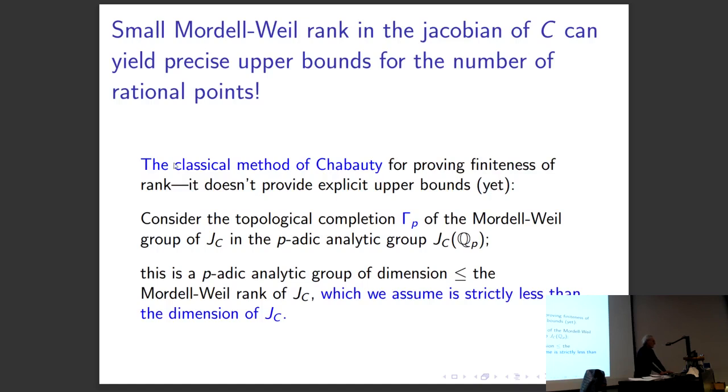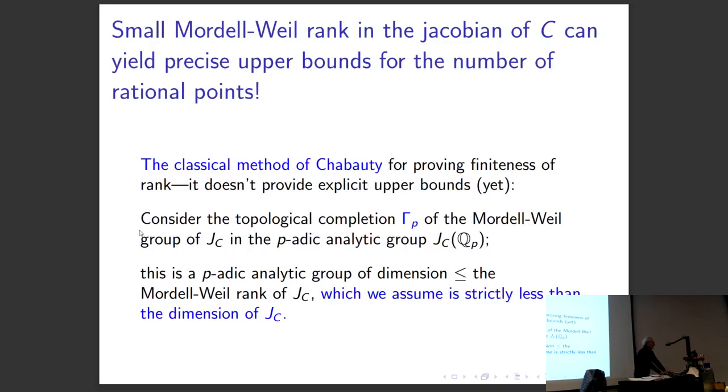It not only does not provide explicit upper bounds, as I've just underscored with my cursor, but it doesn't have the feel of doing it until Robert Coleman came to its rescue.